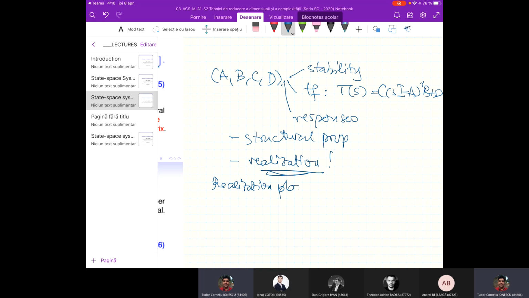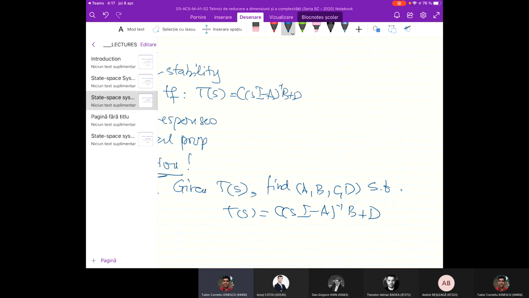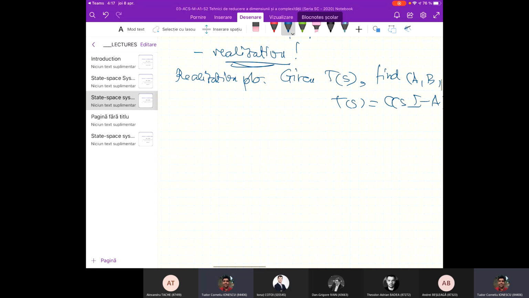The realization problem is this: given T(s), okay, find A, B, C, D such that T(s) is C(sI minus A) inverse B plus D. And we saw how we can do that.